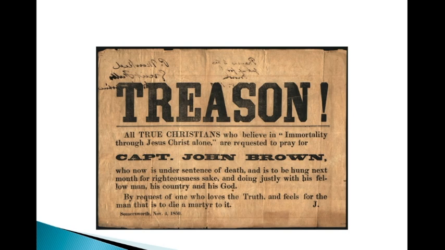So what ended up happening is John Brown got caught. He was placed on trial for treason, and he was executed. And he pretty much turned into a martyr for the North. And it also contributed to the North's view of the South.